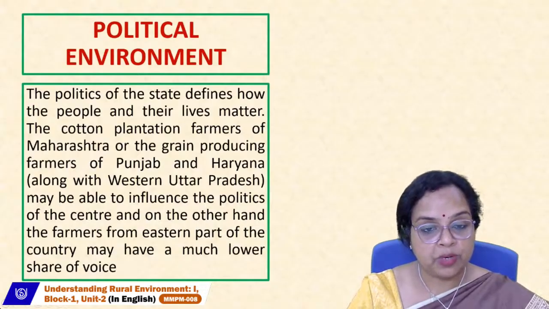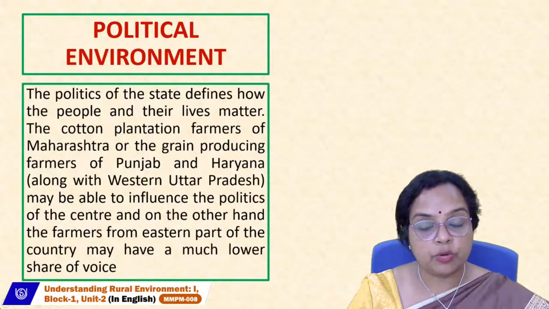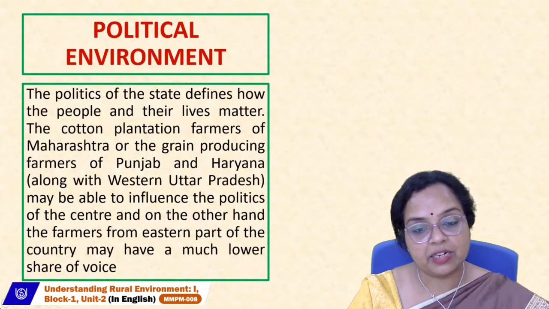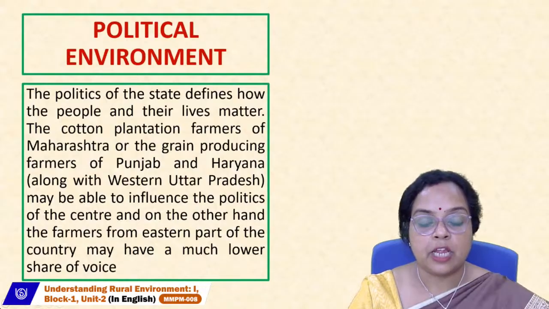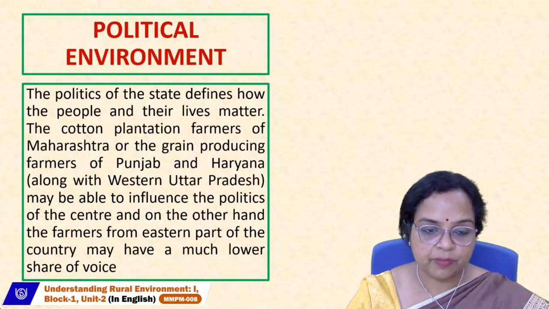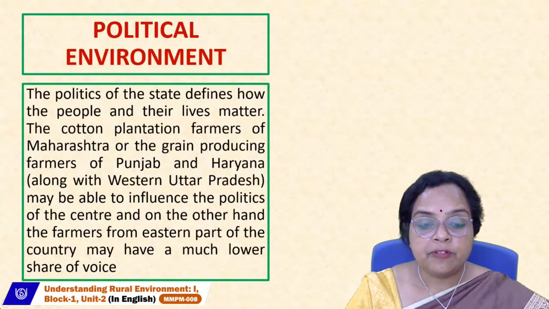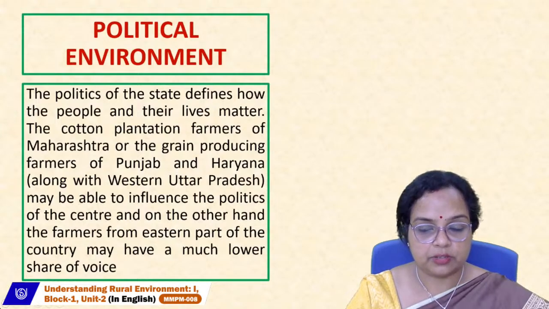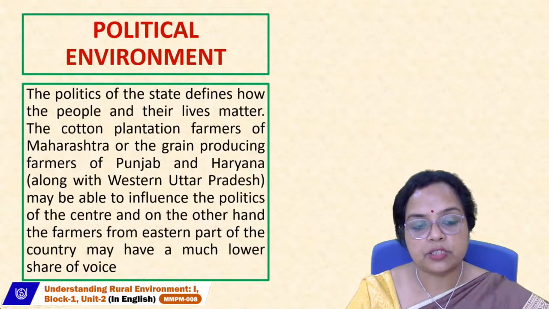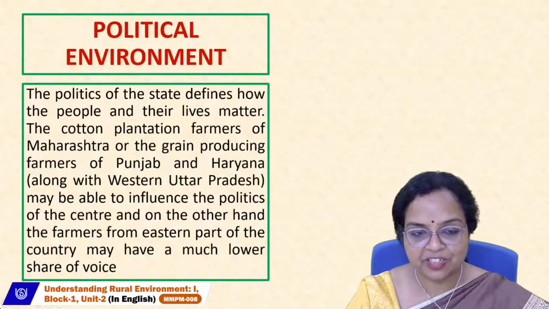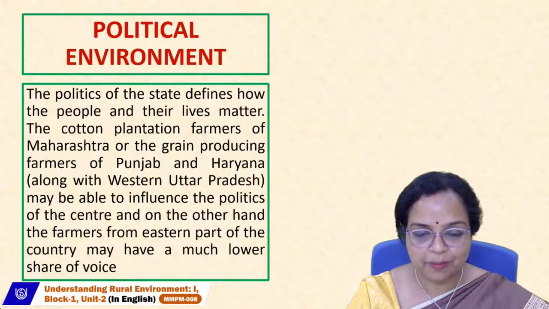They can manipulate the politics, they can influence the politics, they can also direct the politics of their particular region. But if you compare this power with the eastern part of our country, you will find farmers do not have that strength in their voice. They have a much lower share of voice, considering their share in production of agricultural produce.